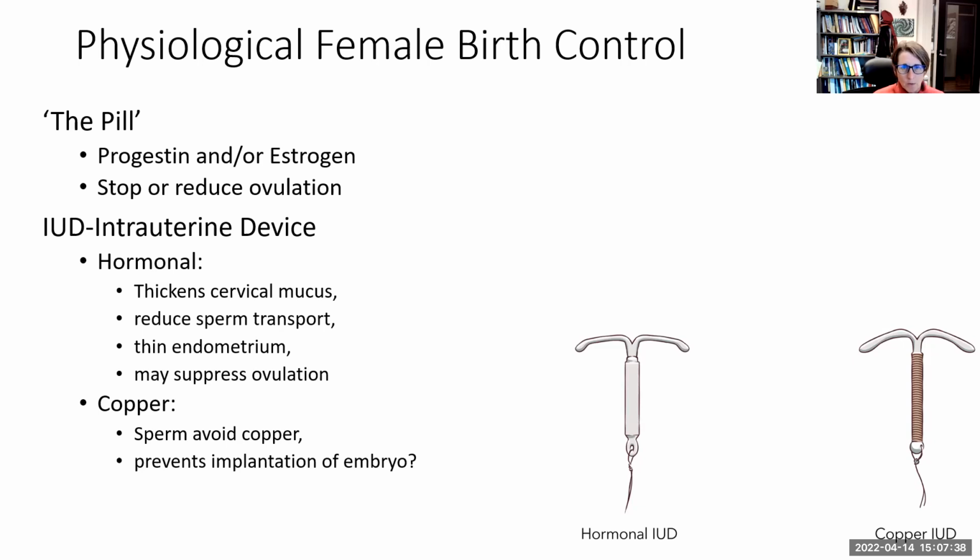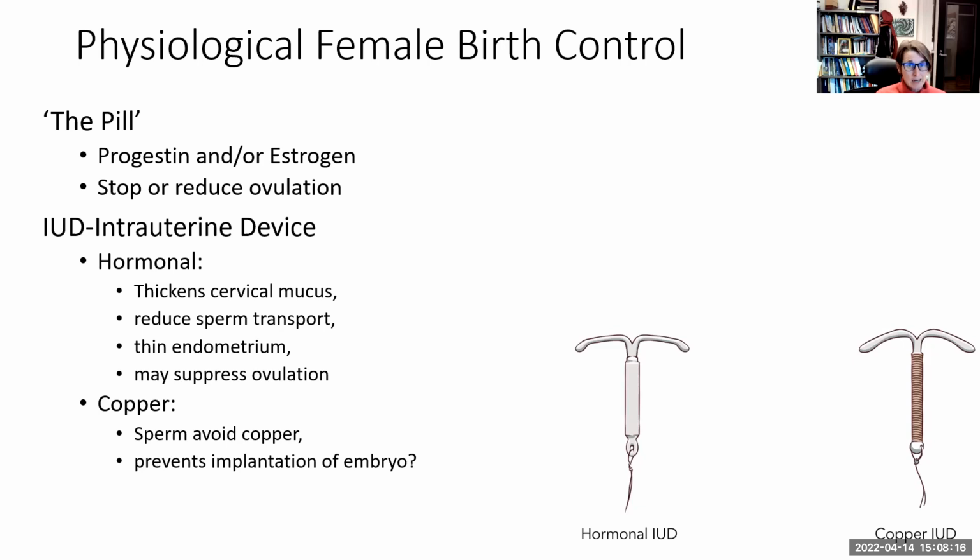The hormonal one releases different hormones, progestin, estrogen, and it's also going to thicken the cervical mucus, and it's thought to reduce sperm transport. They're not really sure how, other than it thickens the cervical mucus, but even then it seems to reduce the ability of the sperm to get to the end of the uterine tube. It also, for a lot of women, will thin the endometrium.